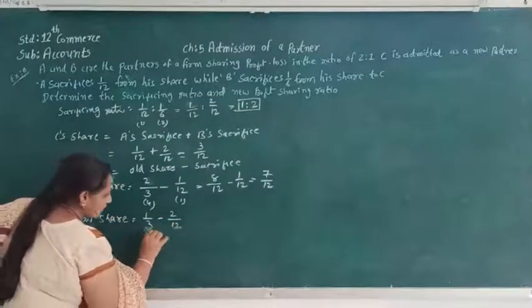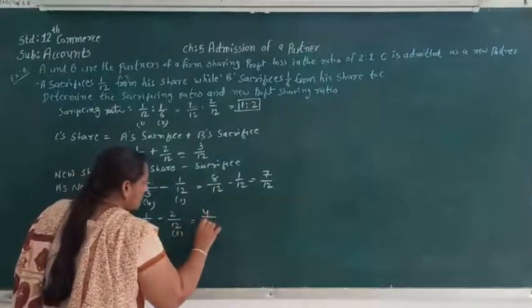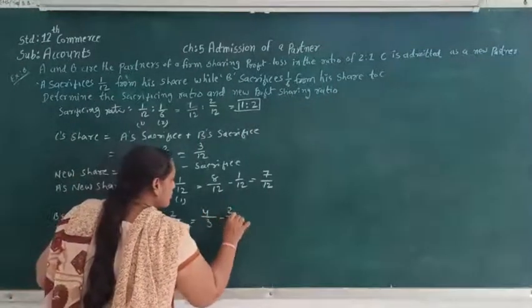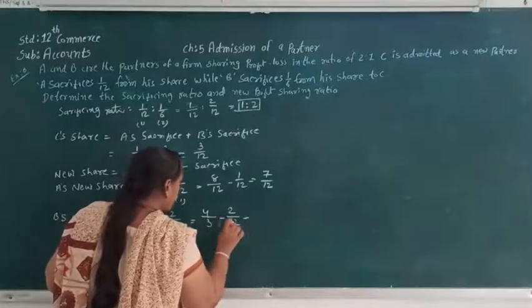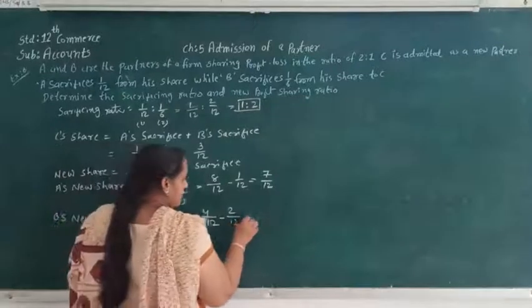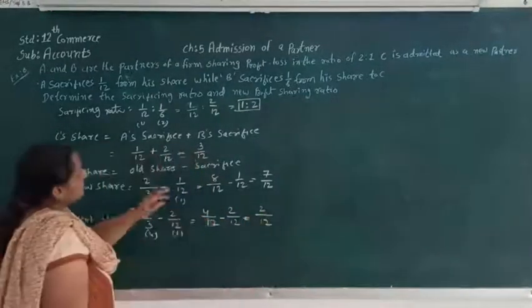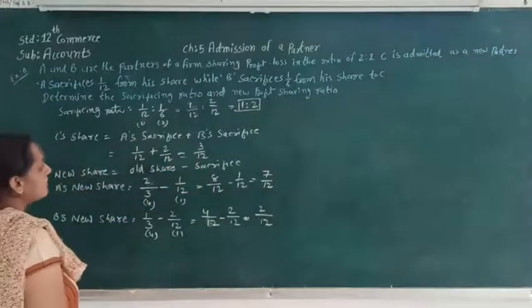Making the denominator the same, 4 by 12 minus 2 by 12 will be 2 by 12. And C's share is 3 by 12.